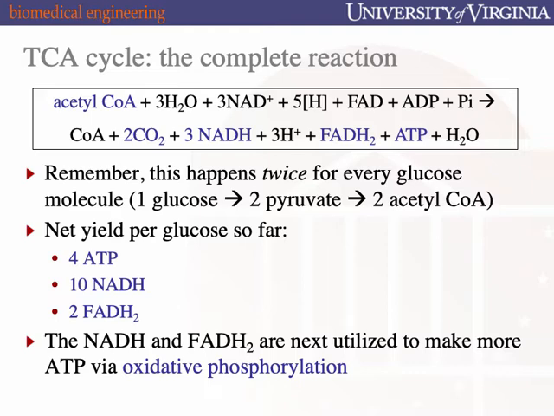But it's at this next phase in aerobic respiration where all of these will become oxidized, release their electrons into other complexes on the mitochondrial membrane, and then provide a concentration gradient that will drive ATP synthesis. A lot of ATP synthesis through this process called oxidative phosphorylation.